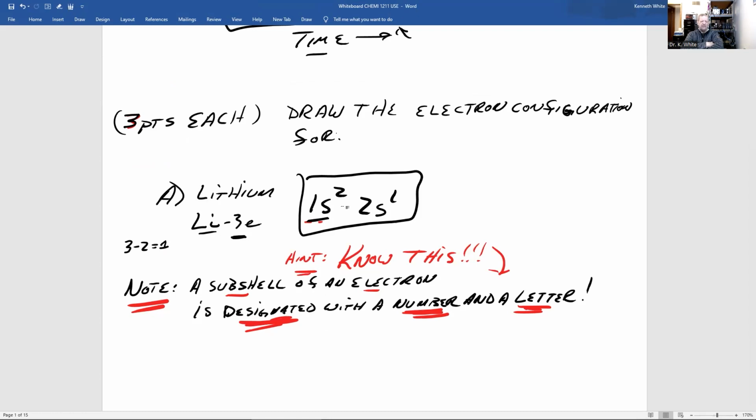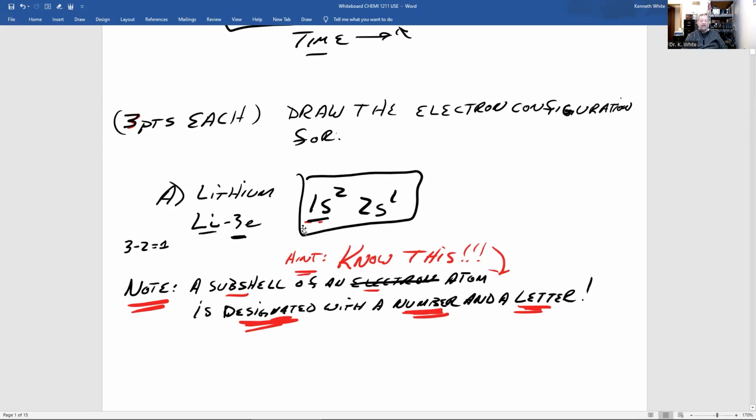I have that written, subshell of an atom. Subshell of an atom is designated with a number and a letter. Whoops. Well, anyways, now we've done 2 electrons.